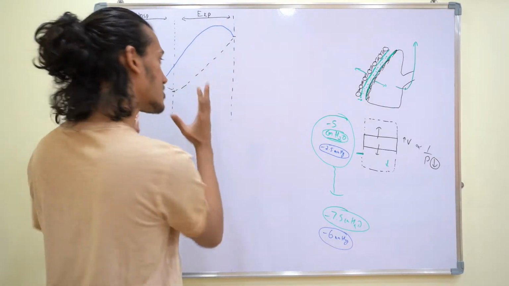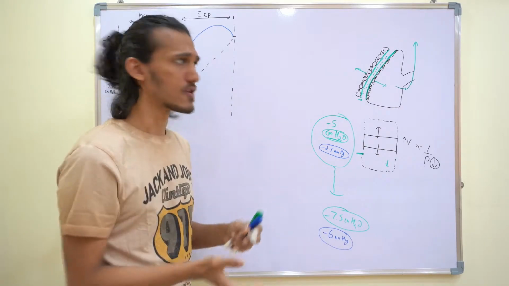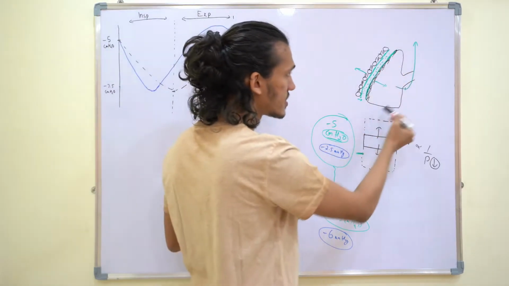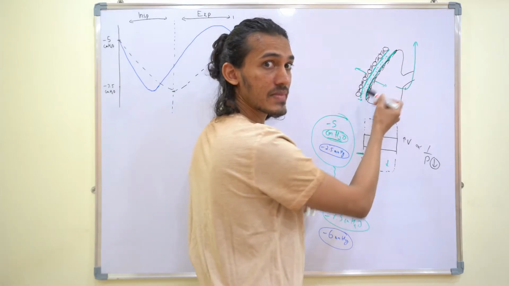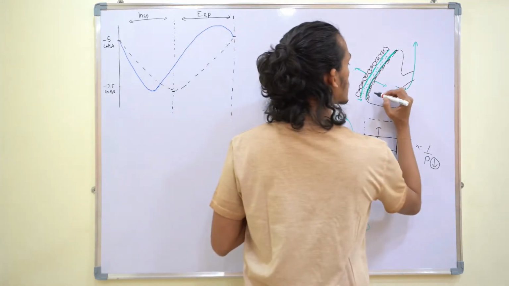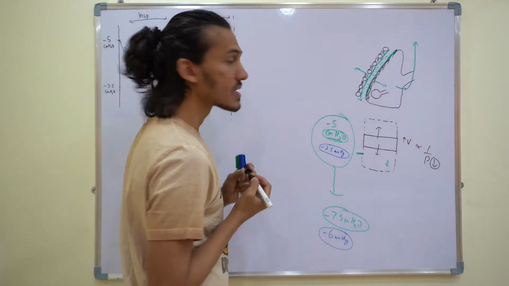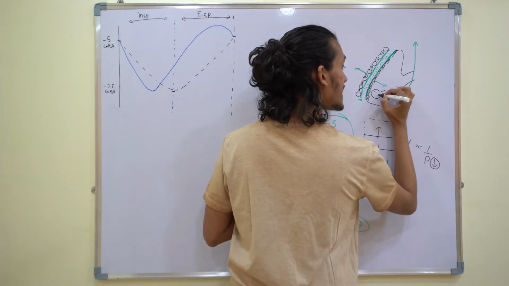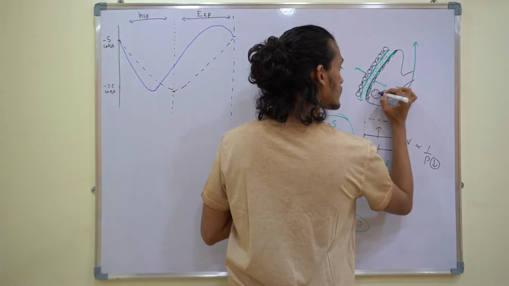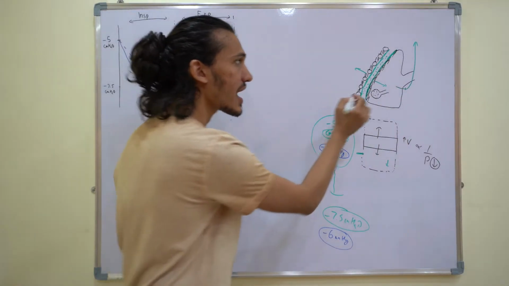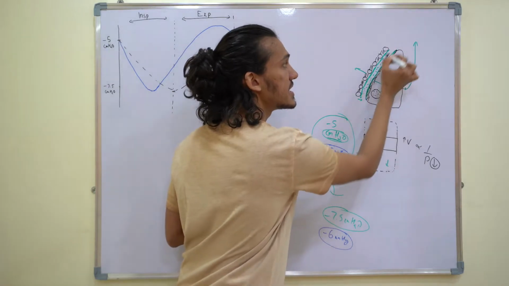Apart from this intrapleural pressure, we got the intraalveolar pressure. So when we talked about the pleura, inside this we got different alveoli which are present. So the pressure inside this alveolar, that is your intraalveolar pressure. So this pressure is the intrapleural pressure.